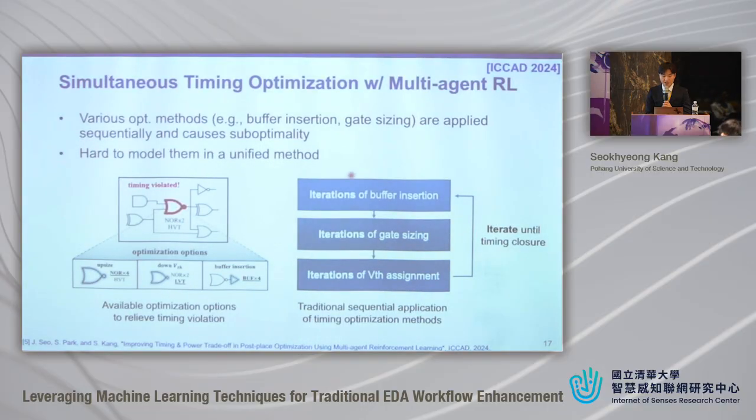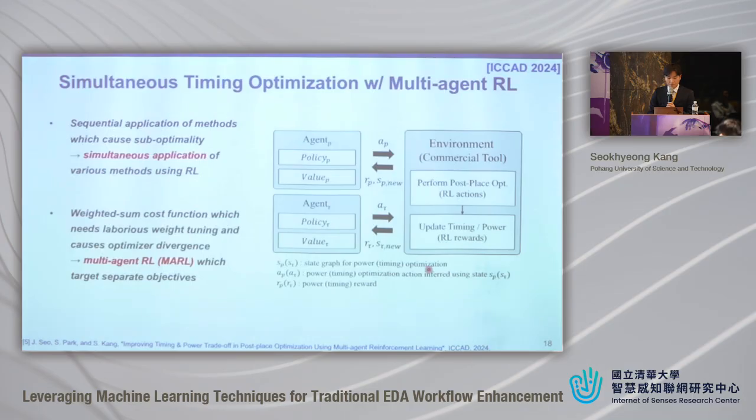So there are iterations of buffer insertion, iterations of gate sizing and iterations of VT swap. This sequential application of the methods can cause suboptimal results. So we changed this approach to simultaneous application using reinforcement learning.